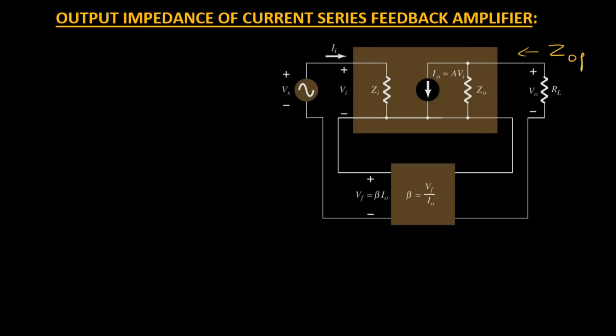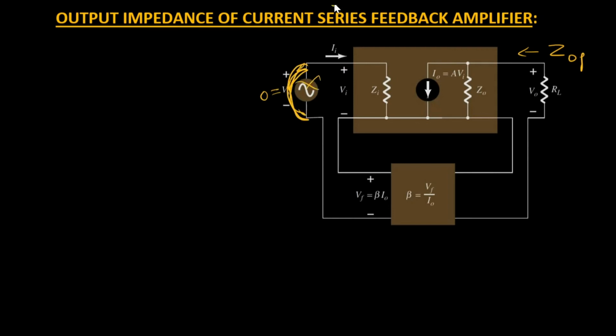To calculate ZOF, we'll be making a few assumptions on the basis of Thevenin's networks. Basically, we are trying to calculate the Thevenin's resistance ZOF. So the very first assumption is to make all the independent sources equal to 0. The independent source here is Vs, which we make 0 by simply putting a short circuit across these two terminals, right?